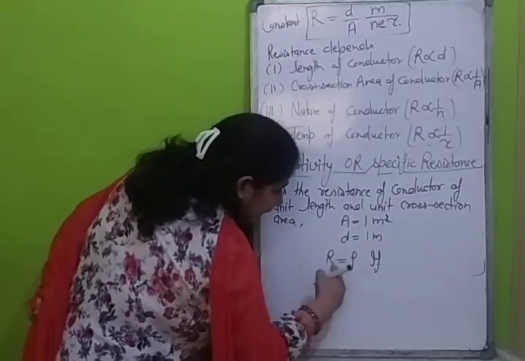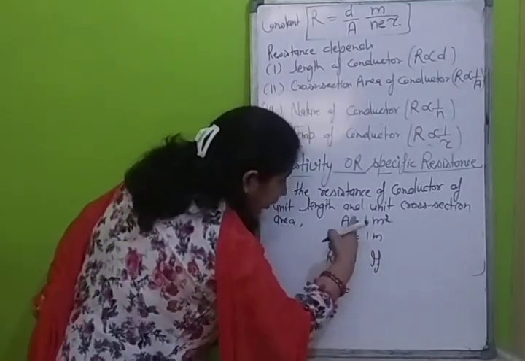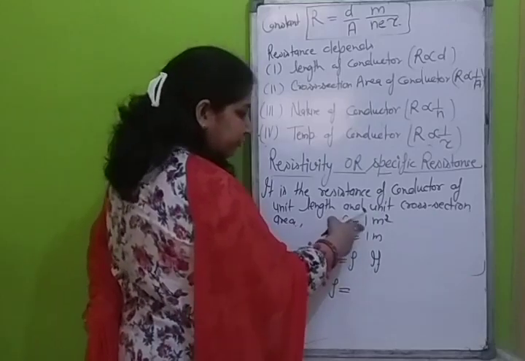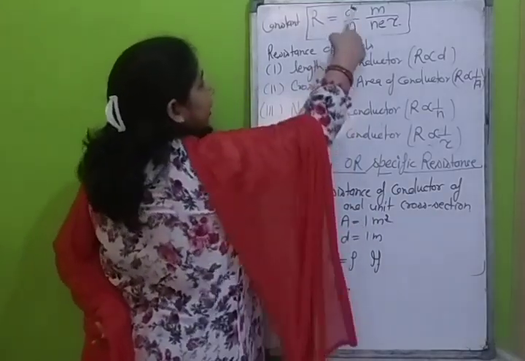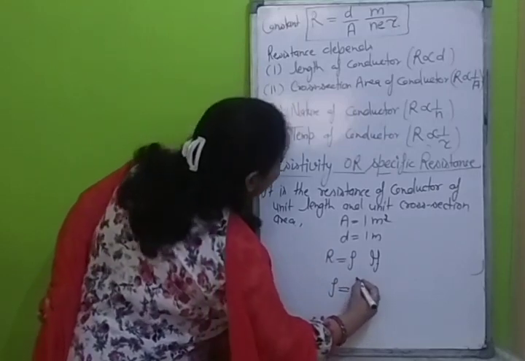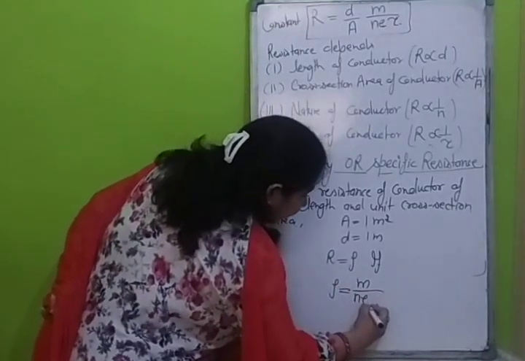In the place of R we write rho, and in the place of A we put 1, and in the place of d we put 1. Then what we have is m upon n e squared tau.